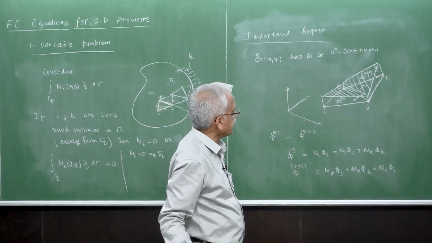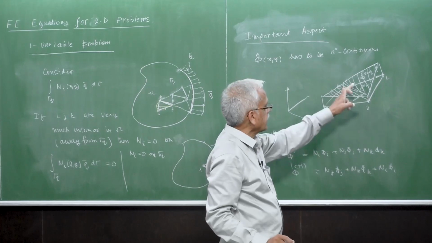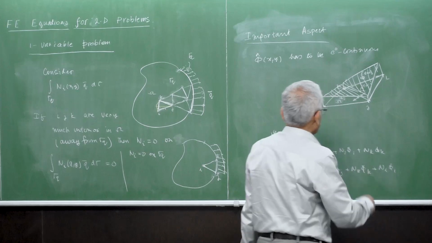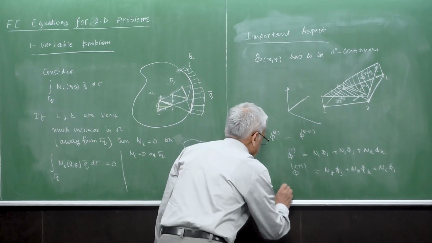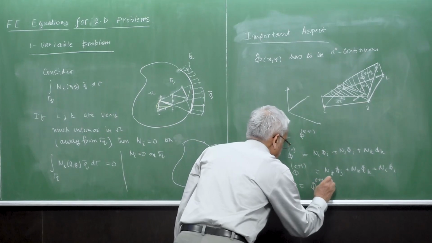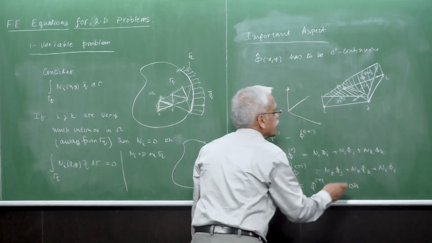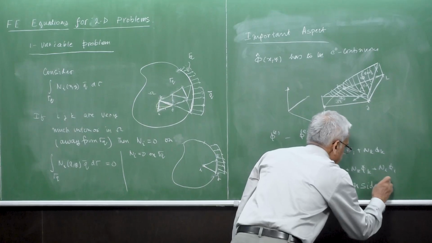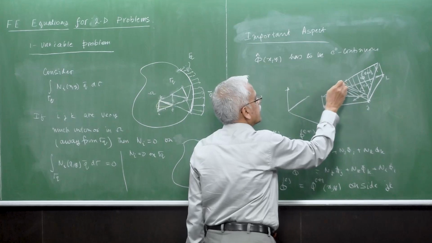So you can very clearly see here that along the side jk, the value of phi is the same, so phi e is equal to phi e plus 1 on side jk in this example, because you have a phi j and phi k here, right?